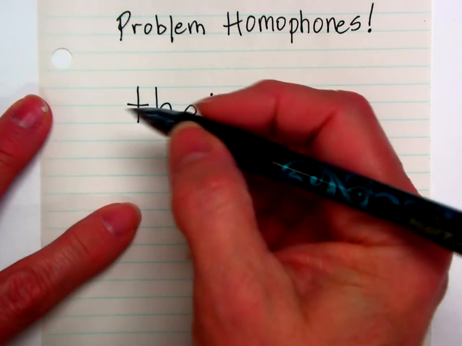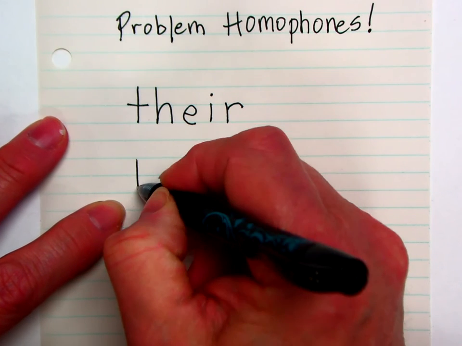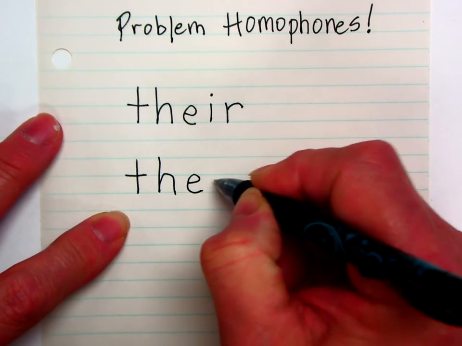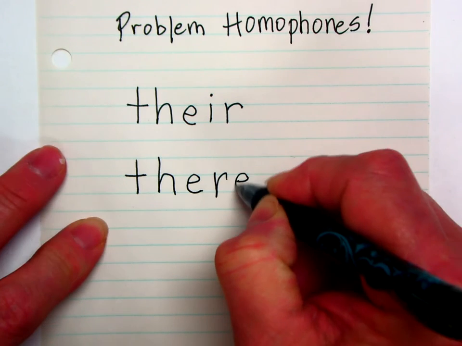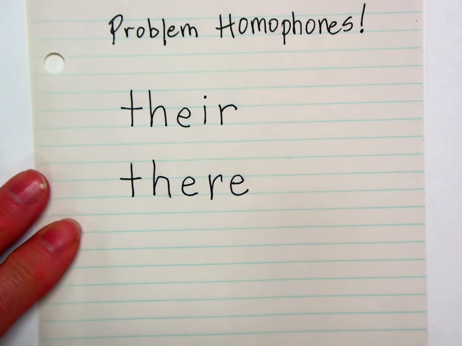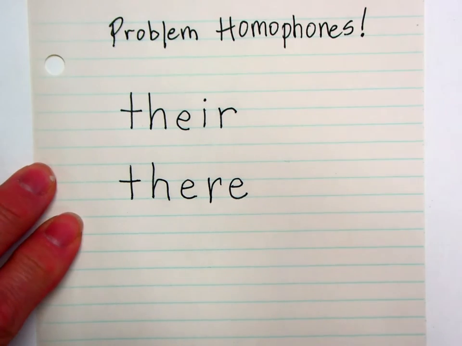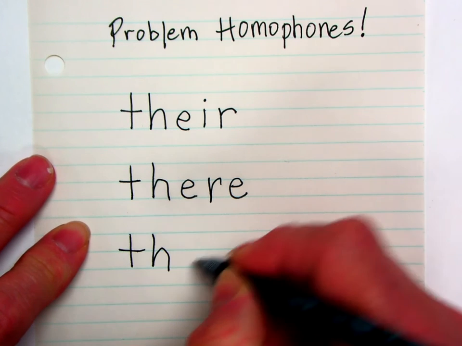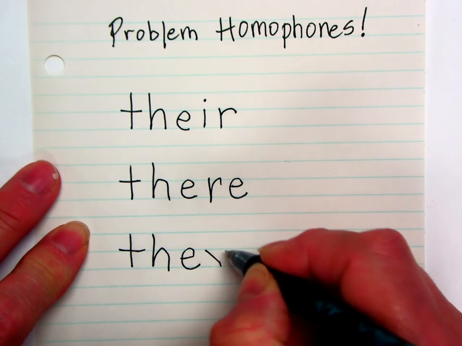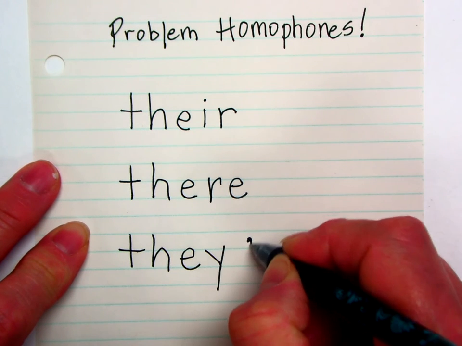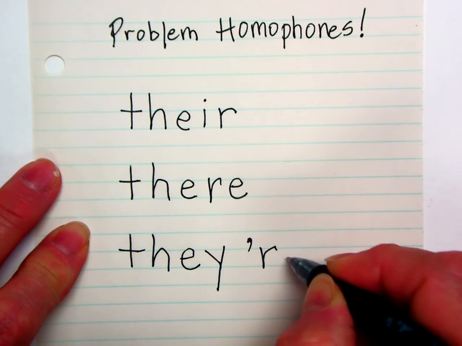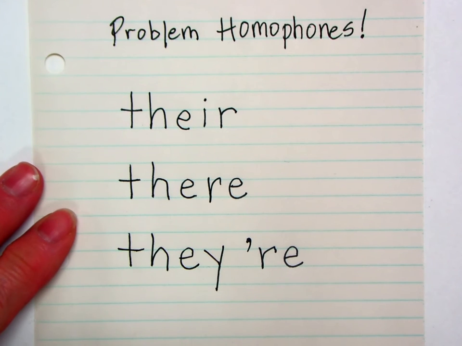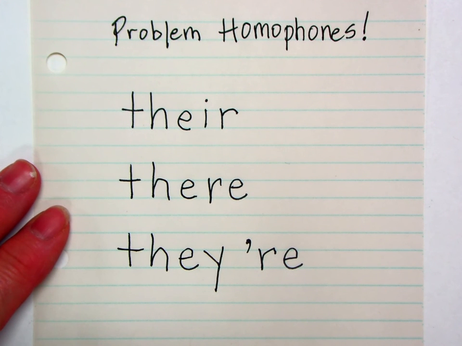The next one that we're going to write is there, which is spelled T-H-E-R-E. And then the third one is T-H-E-Y apostrophe R-E.